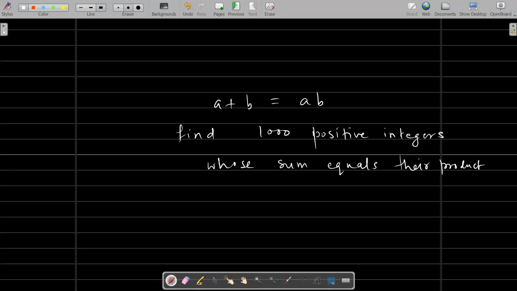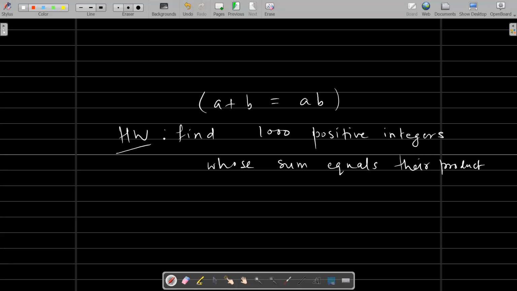In this problem, the sum of two numbers was equal to the product. Now I want, on the same lines, 1000 positive integers whose sum equals their product. So you can think about it.